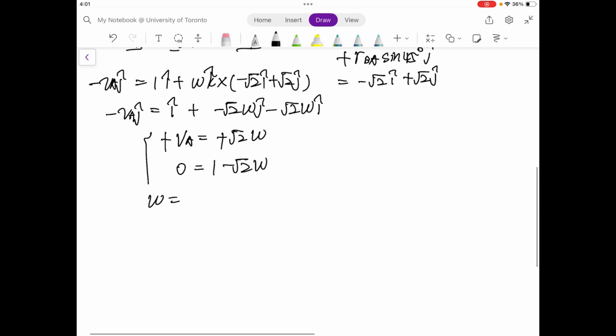So omega is equal to 1 over square root 2, which is equal to square root 2 over 2.